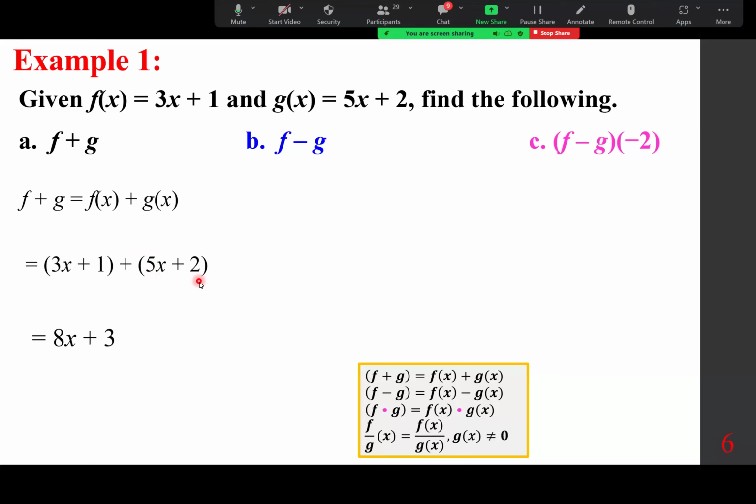Part B, f minus g. And by the way, again, I'm telling you that you can find all of this under the modules of Canvas. Just sit back, relax, and make sure everything makes sense to you, everybody. f minus g means f of x minus g of x.